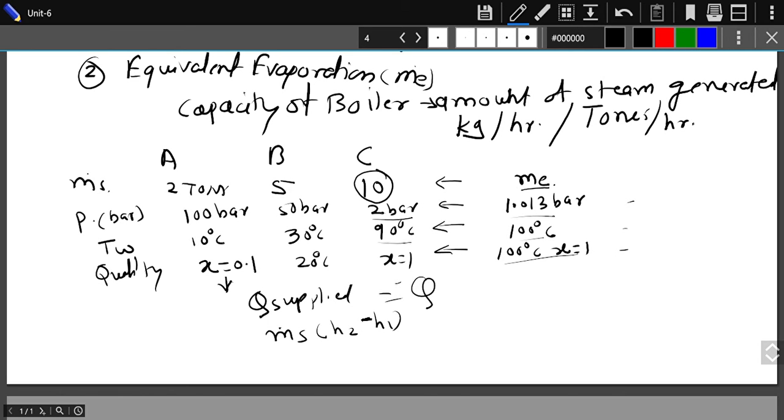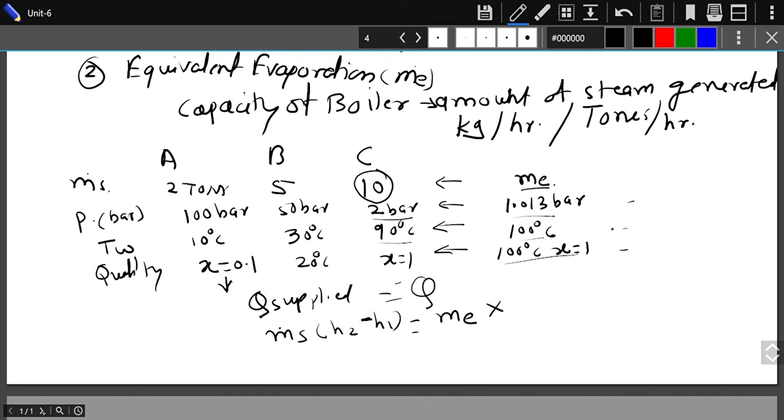That is equal to the amount of steam generated for this datum level, that is the equivalent evaporation, multiplied by the heat required to convert water at 100 degrees centigrade to steam at 100 degrees centigrade at 1.013 bar.